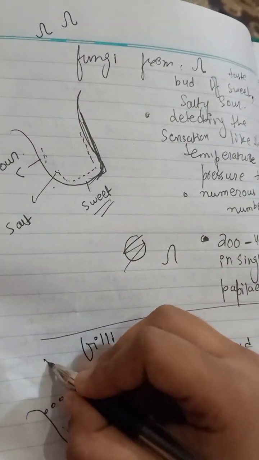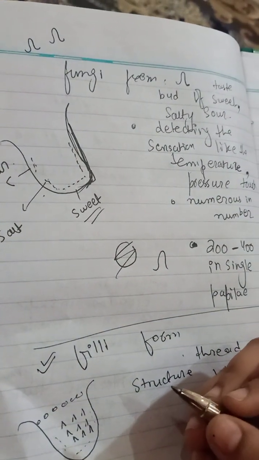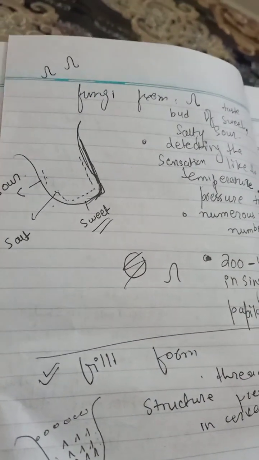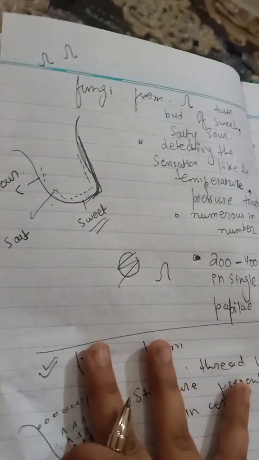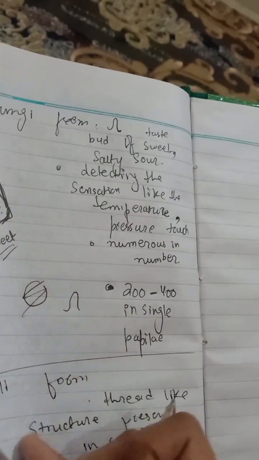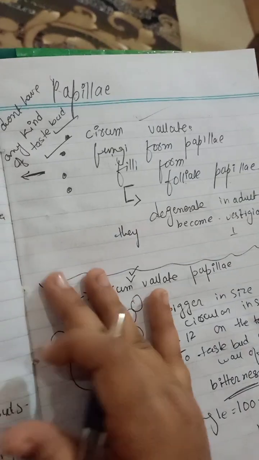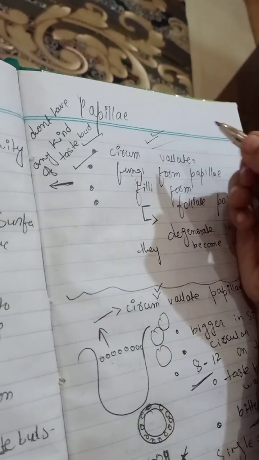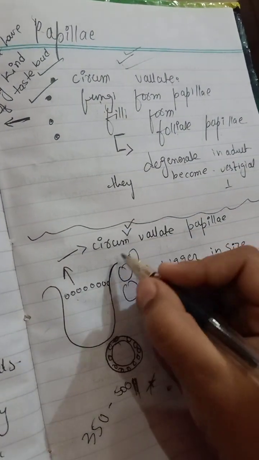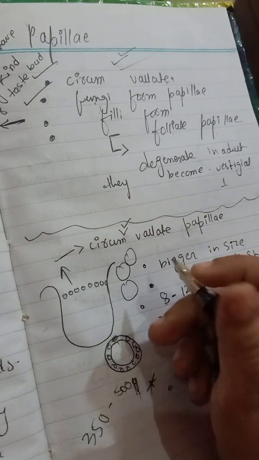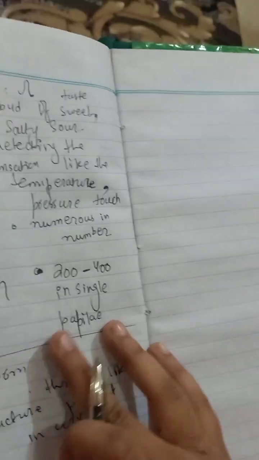So filiform has more papillae. Okay, if there is a question which papilla has more taste buds, that will be the circumvallate. Why? Because they are bigger in size, so there will be more taste buds.